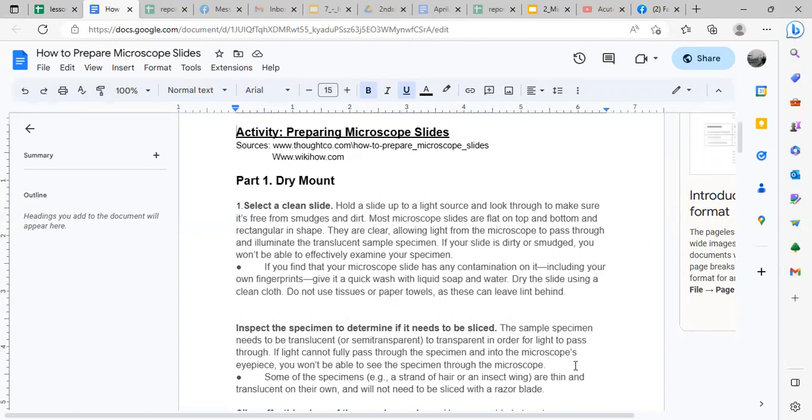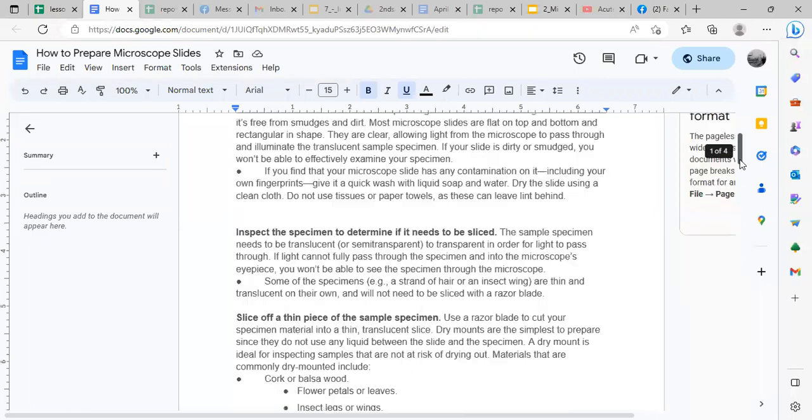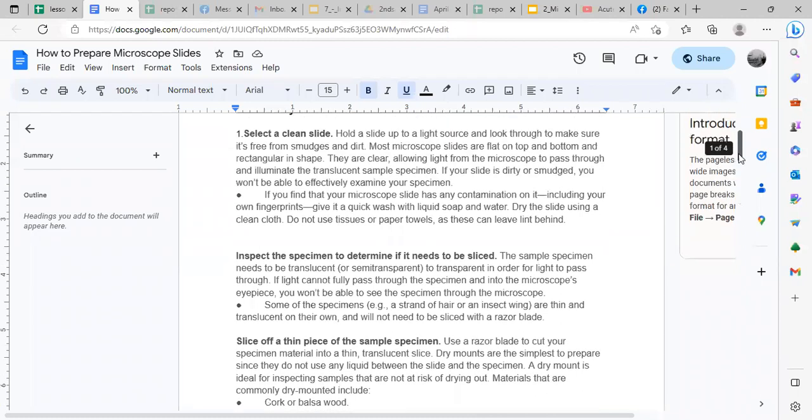So inspect the specimen if it needs to be sliced. It should be small enough and translucent. Okay, so you can't view a rock under the microscope. What you can use are insect wings, plant leaf, things like that, for dry mount.